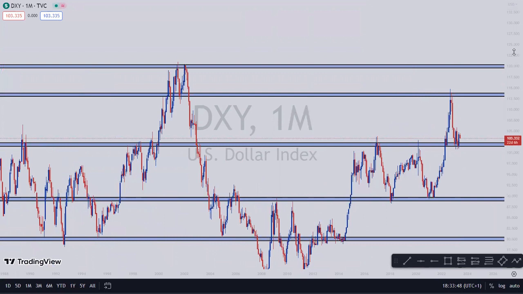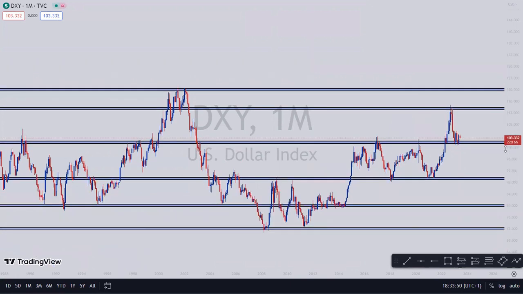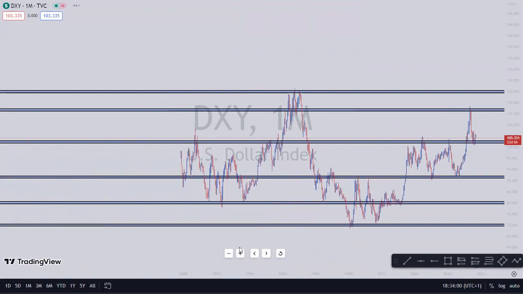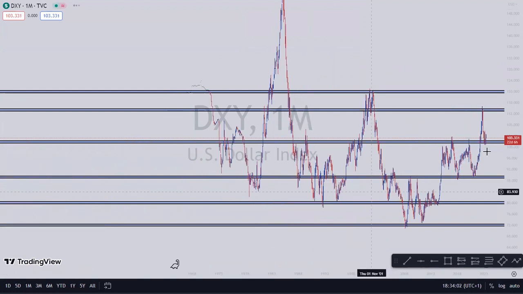But the dollar index has decided to act up, and it looked like it's becoming a traitor more instead of an ally. So let's look at the flow of the market.